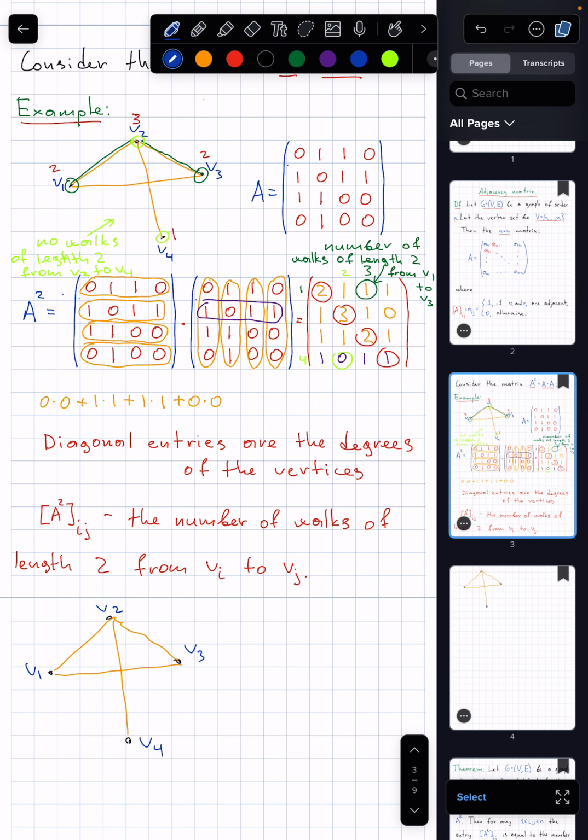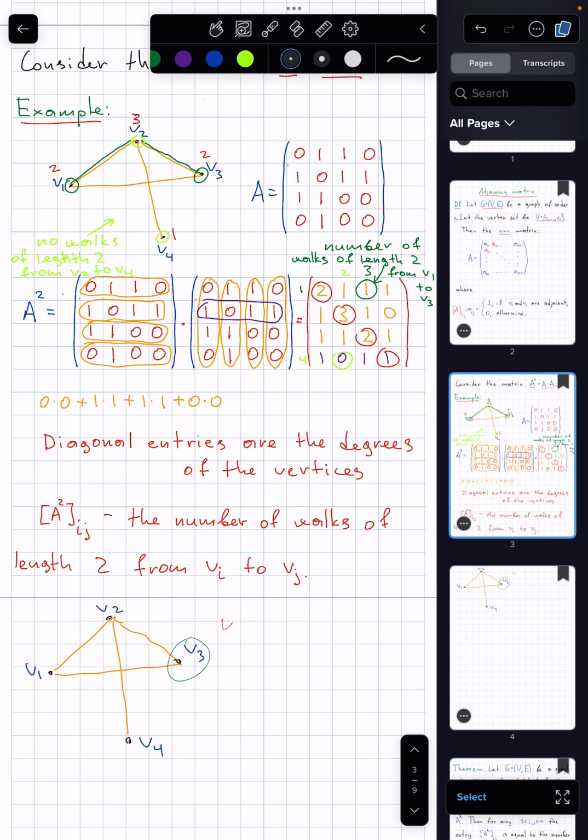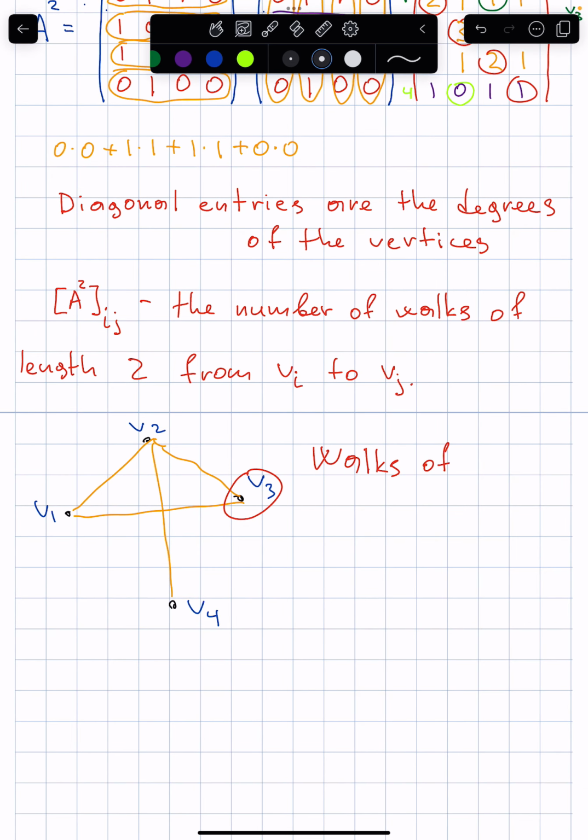Let's look at the vertex V3 and count the walks of length 2 from V3 to itself.